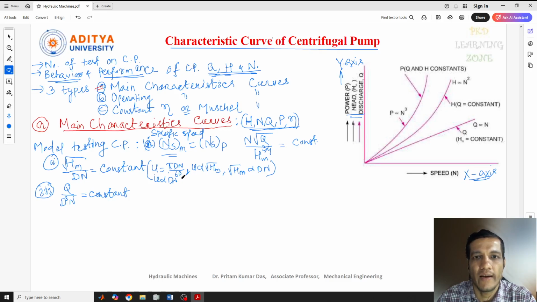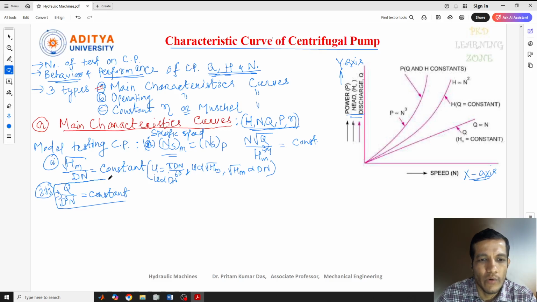The area is proportional to D square, so we can write D square into Vf, and Vf is directly proportional to u. By that relation we finally got this equation. We won't go into that much depth here; if you want to know how it came, you can refer to the previous lecture.